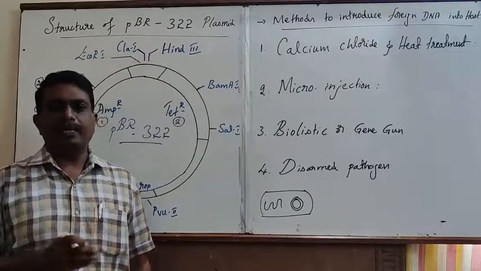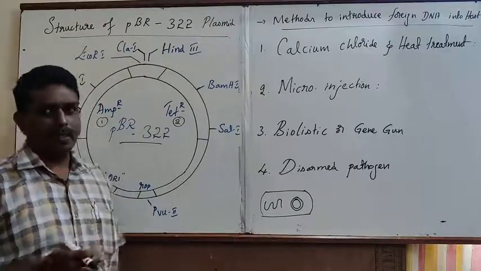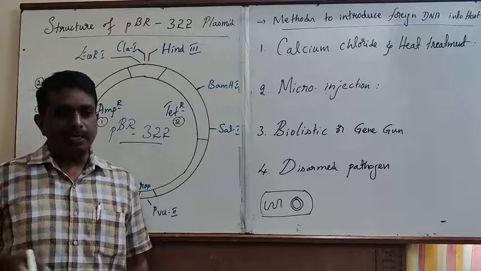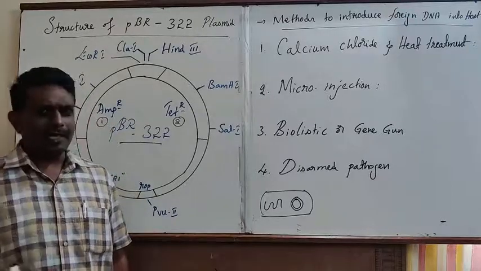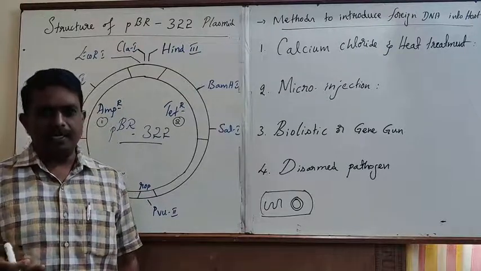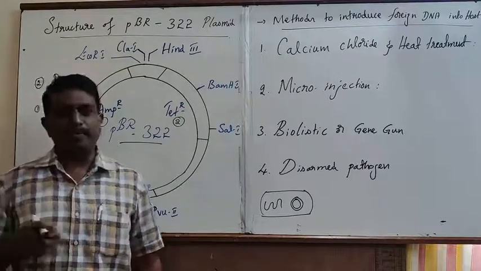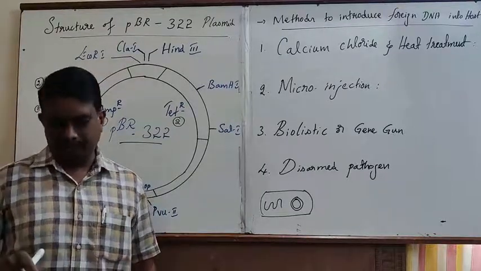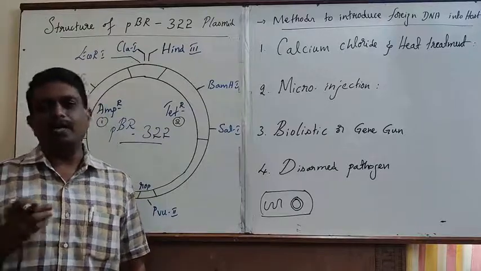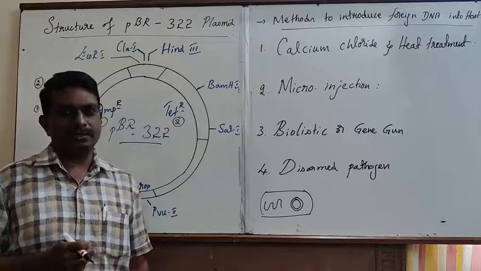In this method, the host cell is treated with calcium chloride. Because of calcium chloride's nature, it exhibits the thinning of the bacterial cell wall, resulting in the loss of permeability, followed by a sudden heat shock at a temperature of about 42 degrees Celsius.